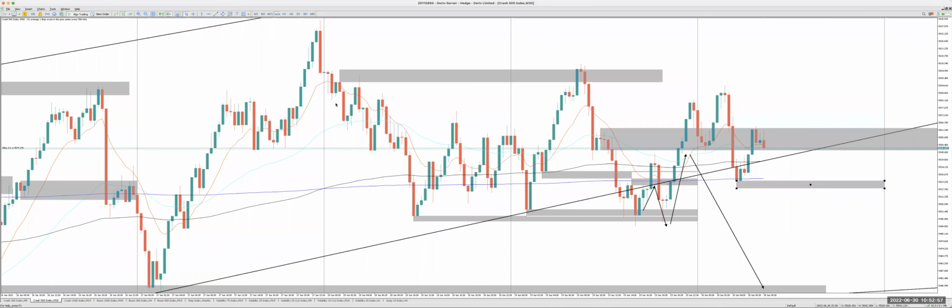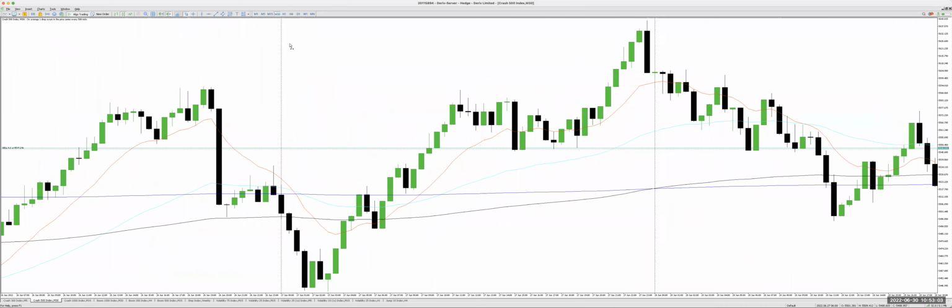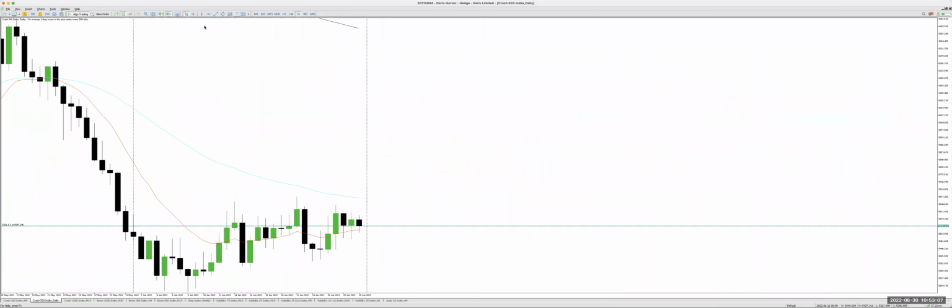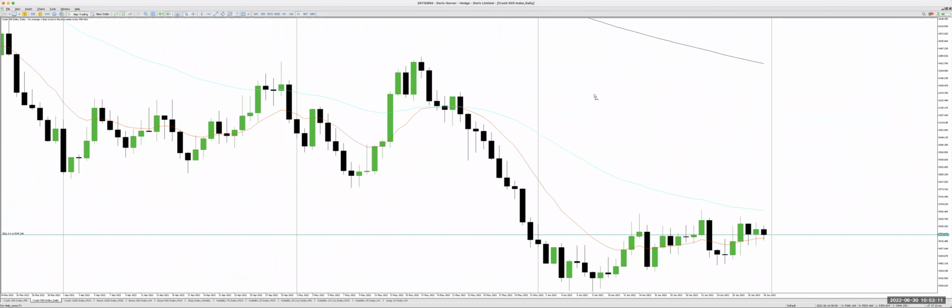Okay, so for now, I'm just going to change the colors so we do multi-time frame analysis. So we go to the daily. On the daily charts, you can see this was sort of in a range for the whole month. So we've got this area here.